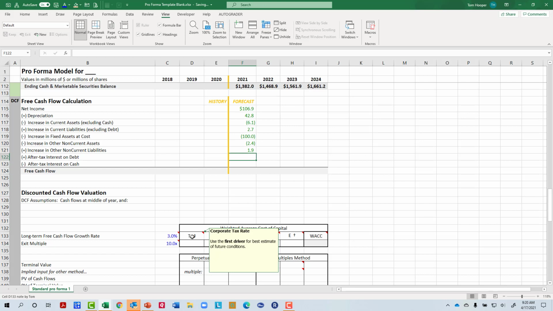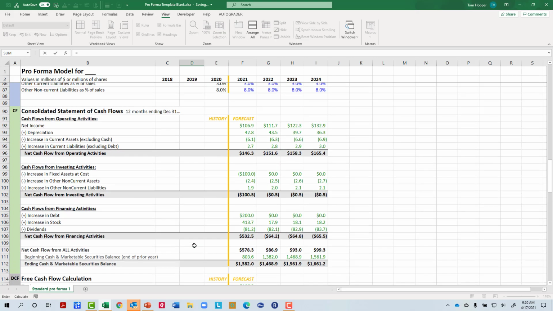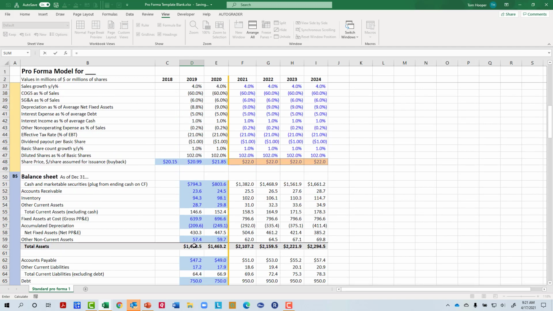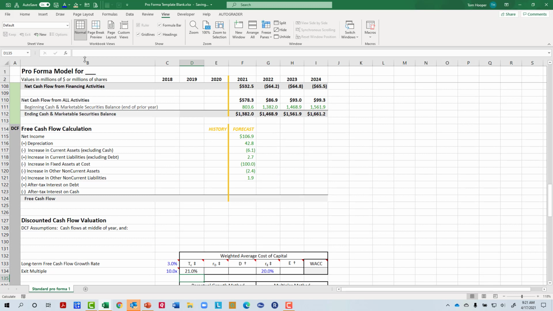In other words, if historically our tax rate were 21%, but we think going forward it's going to be higher than that, here we'd probably want to use a higher rate, which we calculated already as a ratio from our income statement when we looked at the effective tax rate. Right now we're forecasting it as 21%, but if we change that, we want it to change the items below. So I'm going to use column F instead of column E, and since it's negative, I'm going to put a negative sign in front of it so that our tax rate is 21%.